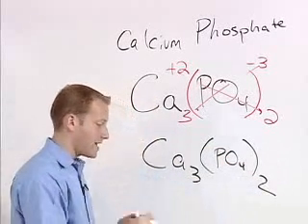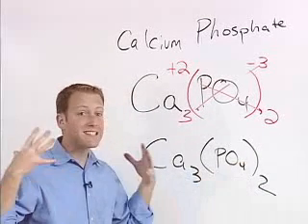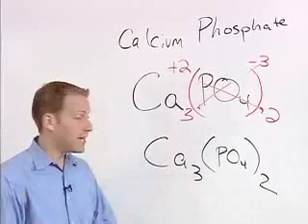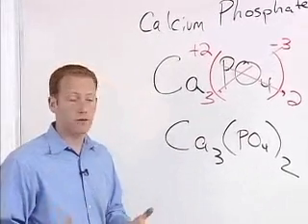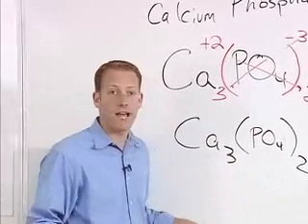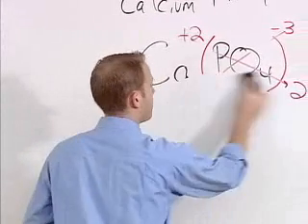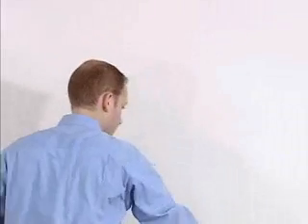And all I got to say is make sure that you put the parentheses around the PO4. But it's still simple formula writing. There's nothing tricky about it. It's just crisscrossing and turning it into empirical if you have to. Calcium phosphate looks like that. Make sure you don't forget the parentheses when you're dealing with polyatomic ions. All right. Now you know how to write formulas.